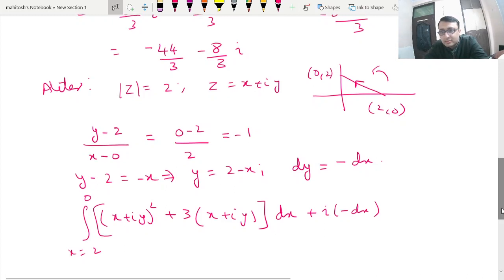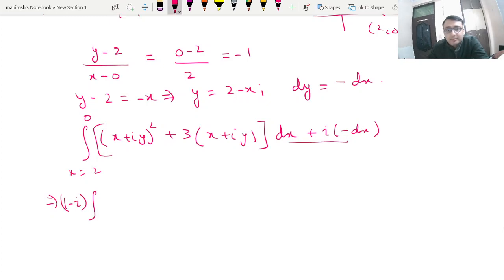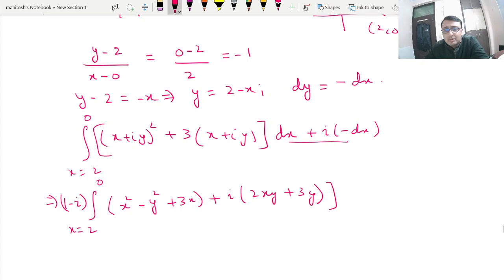So in both the things we are essentially doing the same thing, but in a different format. I can take 1 minus i outside from this part, and x runs from 2 to 0. So this is x square minus y square plus 3x, plus, if I take i common, 2xy plus 3y, and dx.